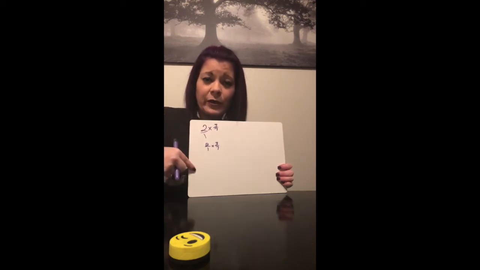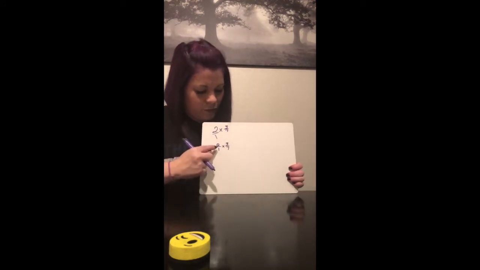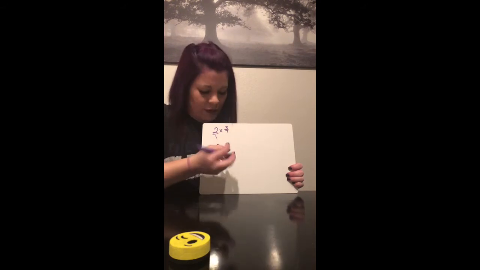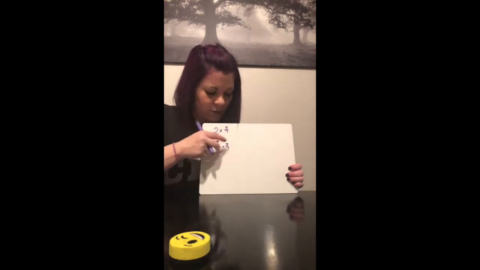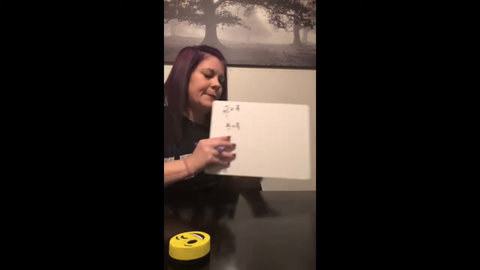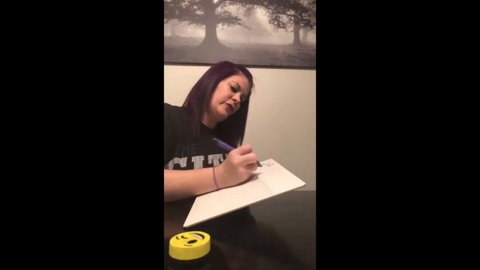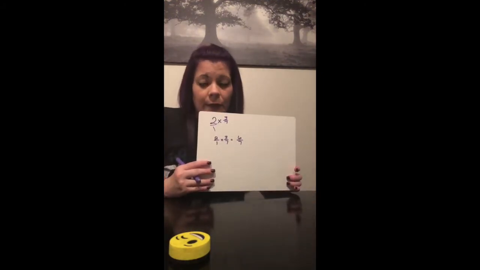That's why you can put any whole number over 1. 2/1 times 3/7, multiply straight across. Well, let's check for cross-reducing first. 2 and 7 don't have a common factor. 1 and 3 do not have a common factor. So we can't reduce it. So 2 times 3 is 6. 1 times 7 is 7. We get the answer 6/7.